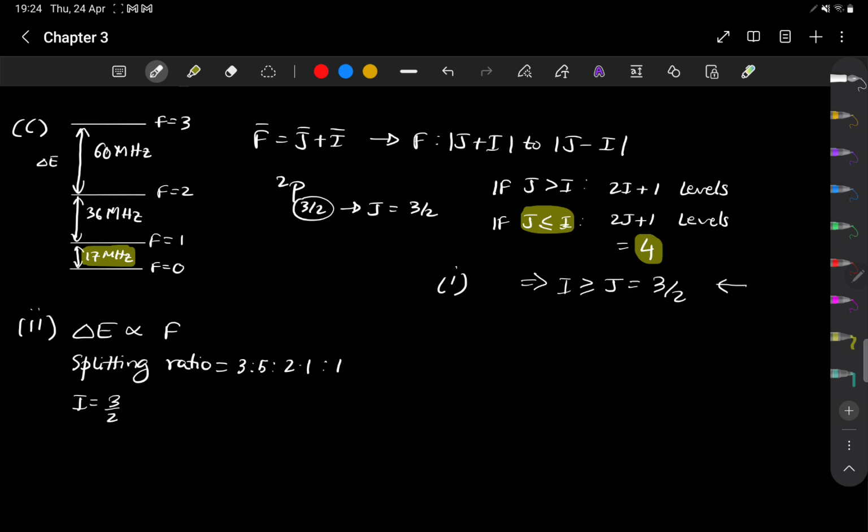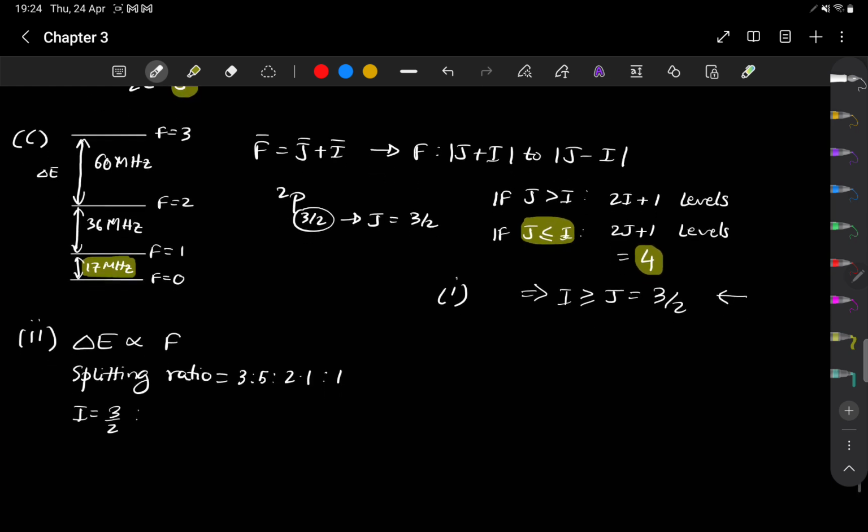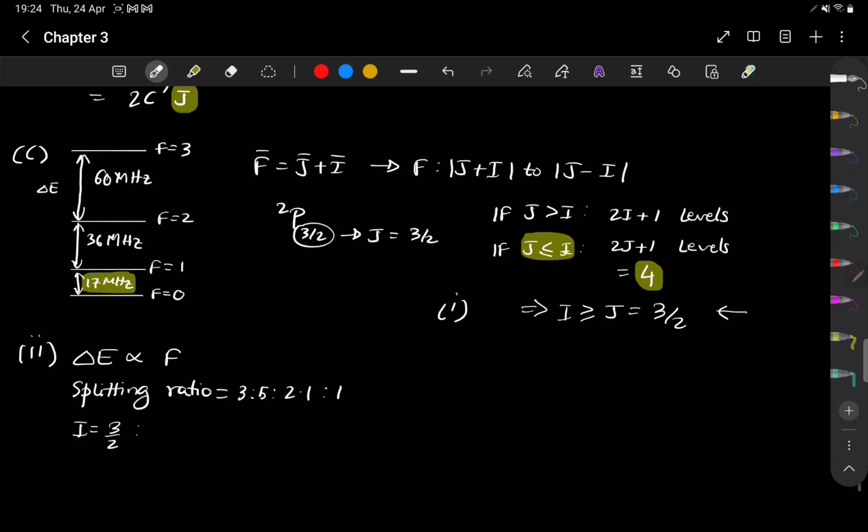So if I is 3 by 2, then F, which is J plus I, and J is also 3 by 2, from the spectroscopic notation.